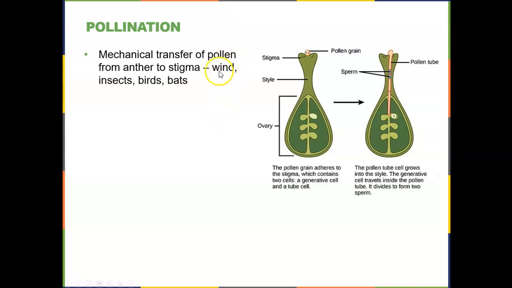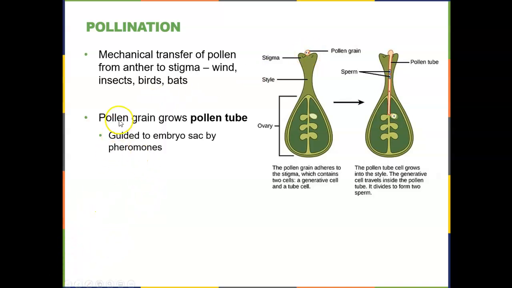How can this be accomplished? It can be accomplished through wind, insects, birds, or bats, transferring the pollen from the anther to the top of the stigma. So here we see a pollen grain. It has got a generative cell and a tube cell. The tube cell is going to grow into a pollen tube.